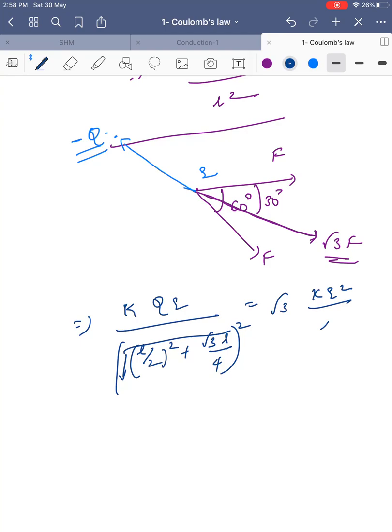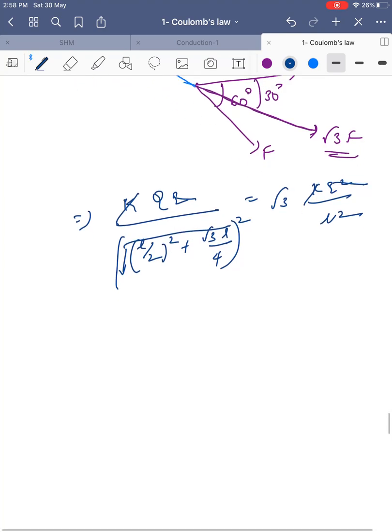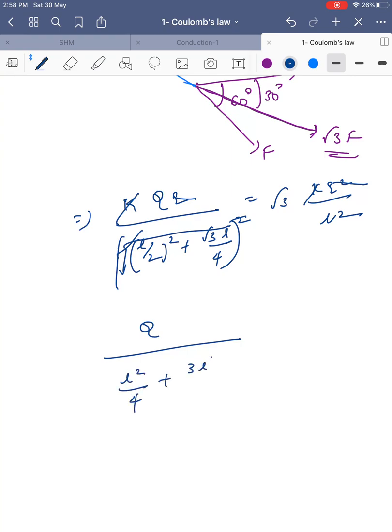K Q square by L square. Q gets cancelled, K gets cancelled, and the square and root get cancelled. Q by L square by 4 plus 3 L square by 16, 3 L square by 16, is equal to root 3 Q by L square.